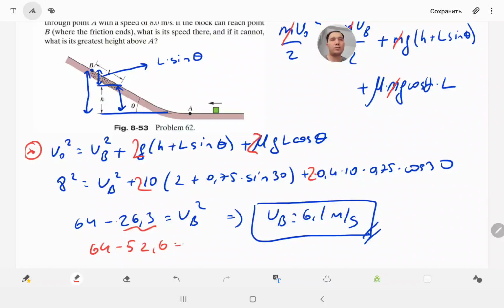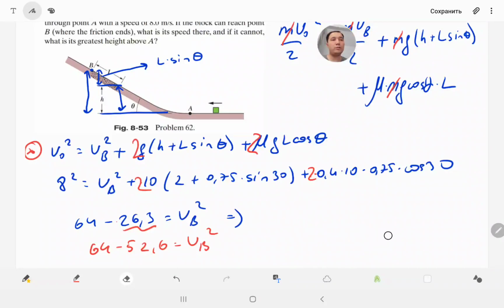Sorry, guys. VB squared. So this is wrong, don't pay attention. So the velocity at point P will be equal to the square root of 64 minus 52, which is 3.3 meters per second.